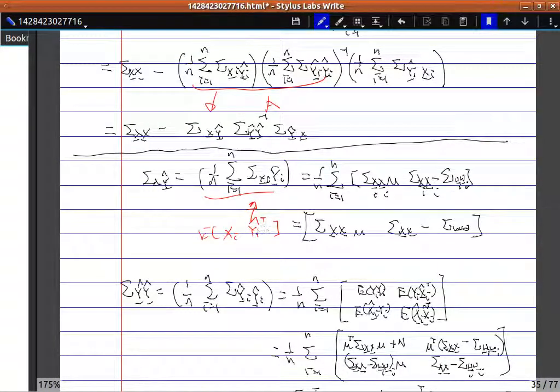And yi hat transpose is actually just equal to yi, which is mu transpose xi plus ci. I should have a transpose here, but yi is just a scalar, so I can actually ignore this transpose. So I can write xi transpose times mu.